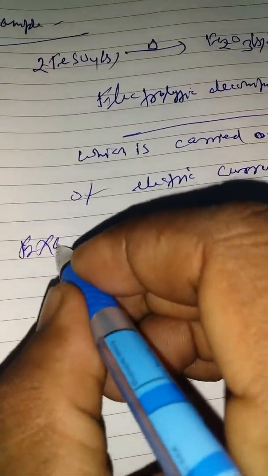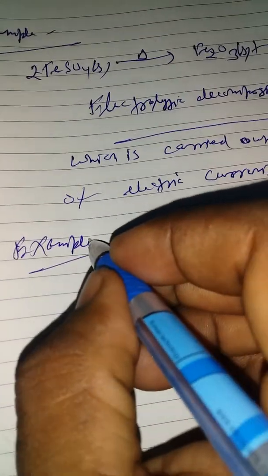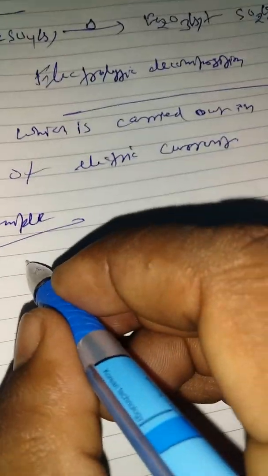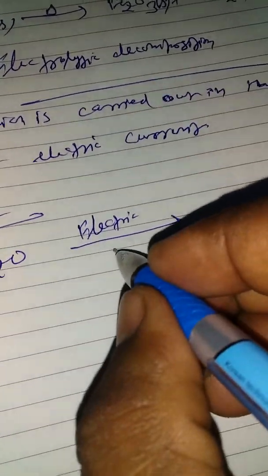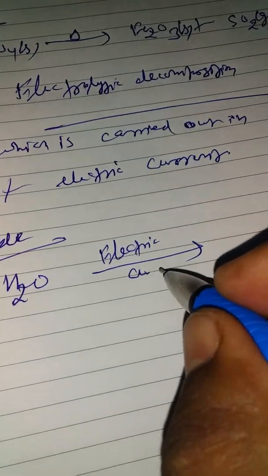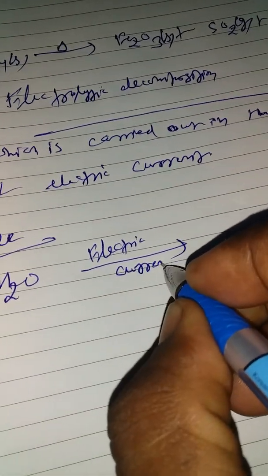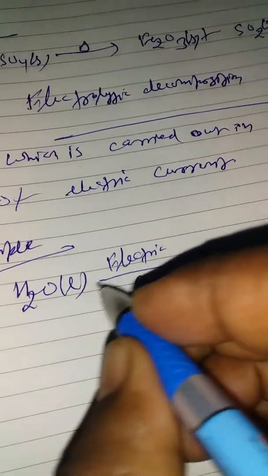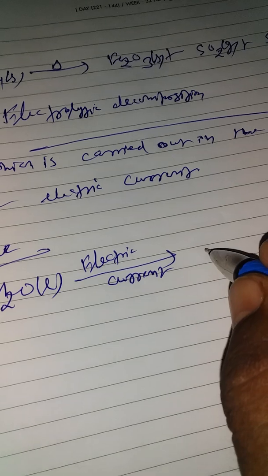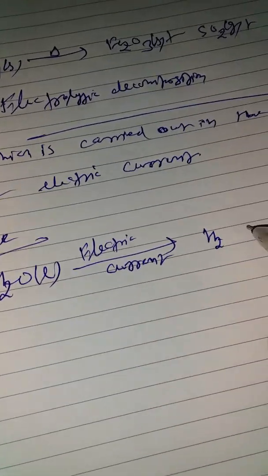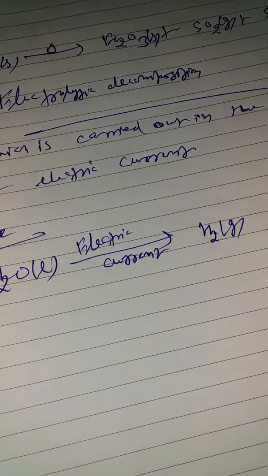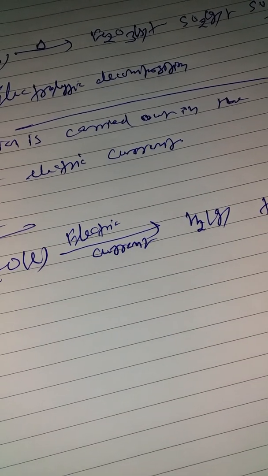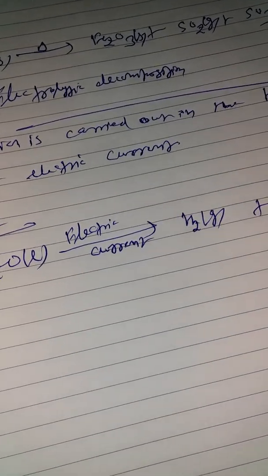As for example, water decomposes in the presence of electric current. It exists in the form of liquid. It decomposes into hydrogen as well as oxygen gas.